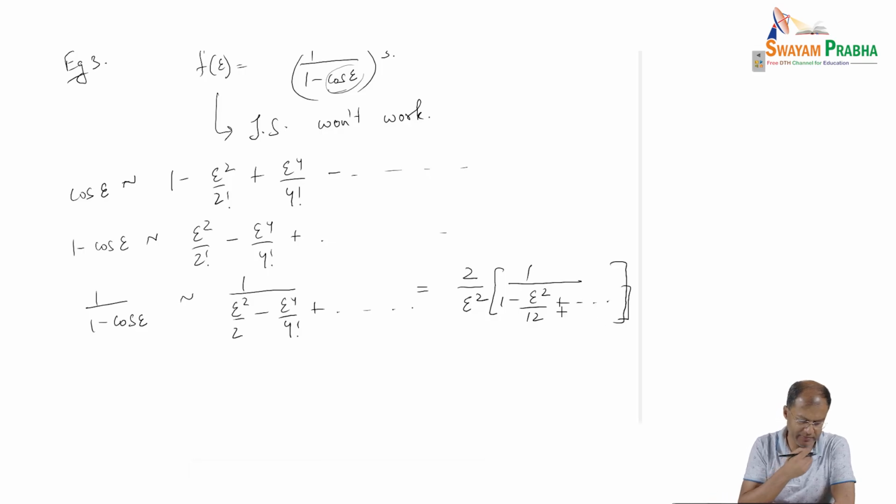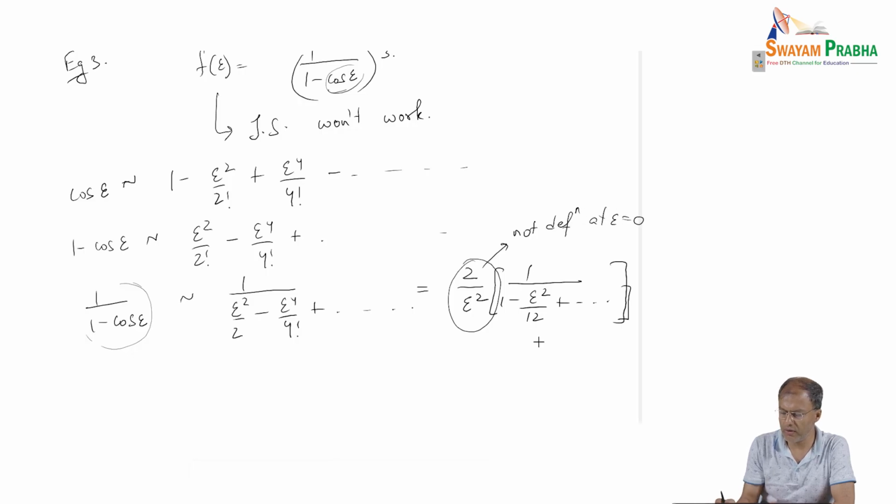So we have been able to find, notice that this factor 1 by 1 minus cos epsilon is a product of a function which is not defined at epsilon equal to 0, and the second factor is a well-behaved function at epsilon equal to 0, and we see that this is a product of a singularly perturbed factor and a factor which is well-behaved.